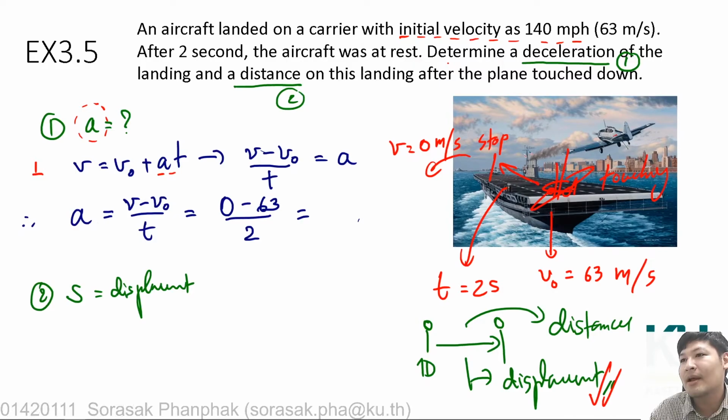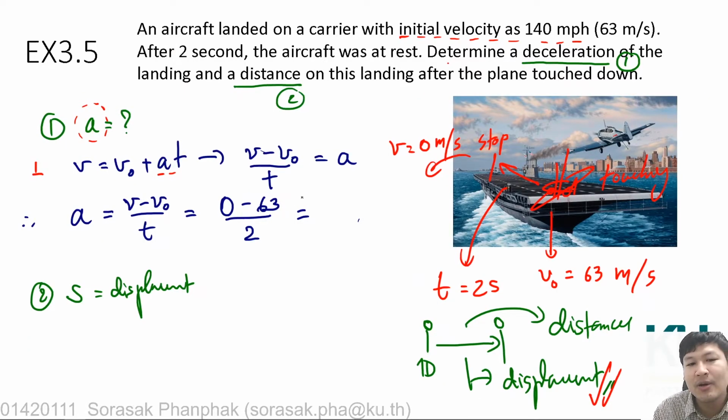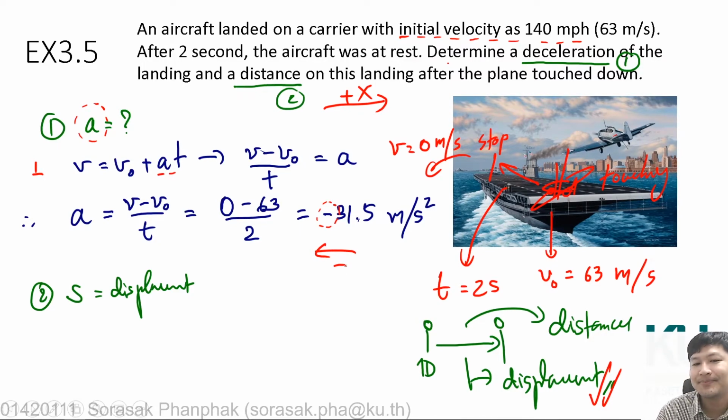So now you get the acceleration: minus 63 over 2, which is minus 31.5 meters per second squared. When you see the minus sign like this, it means the direction is backward rather than forward, with a magnitude of 31.5. This is the answer for the first question.